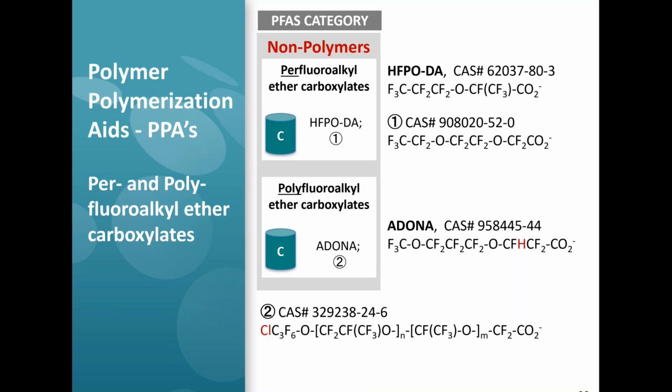As Bob described, there are the perfluorinated compounds like the HFPO diacid shown at the top, as well as the one with the number 1 there, perfluoro, no hydrogens. And then you have the polyfluoroalkyl ether carboxylates, the ADONA that Bob talked about, as well as the number 2 compound that you can see has a chlorine attached to it.